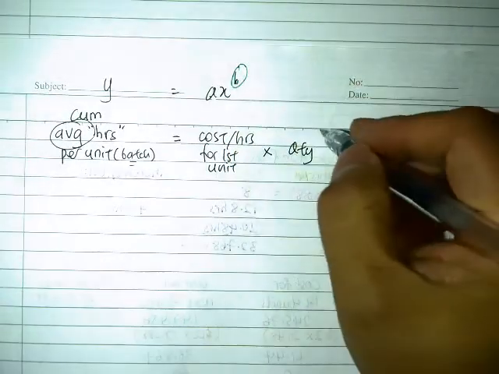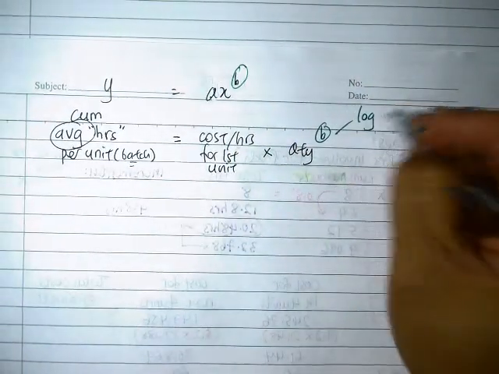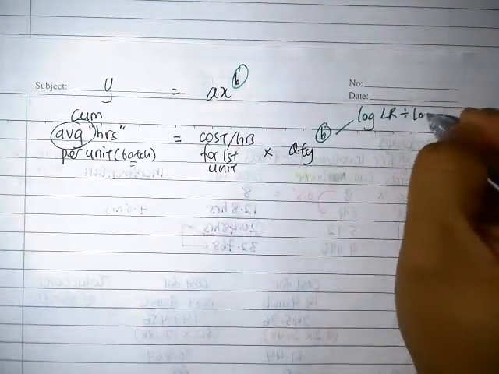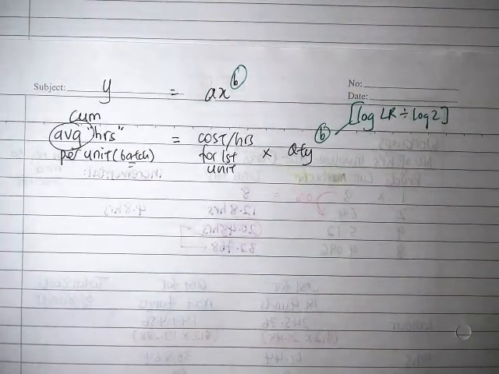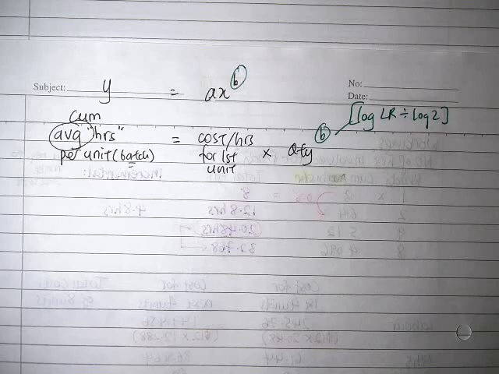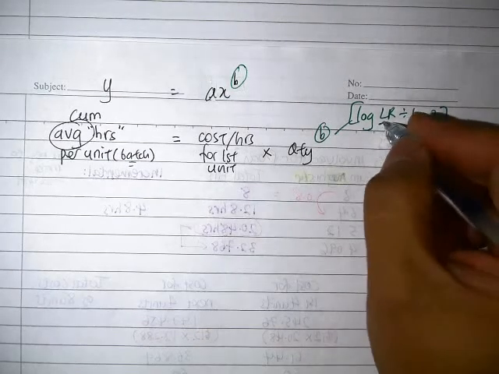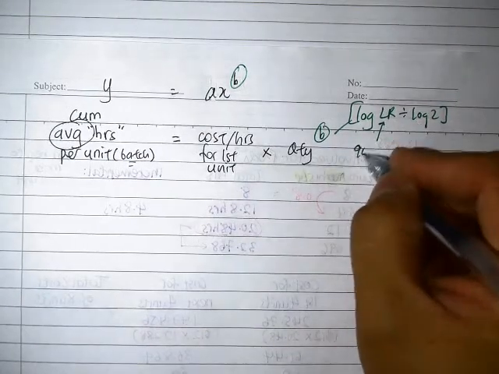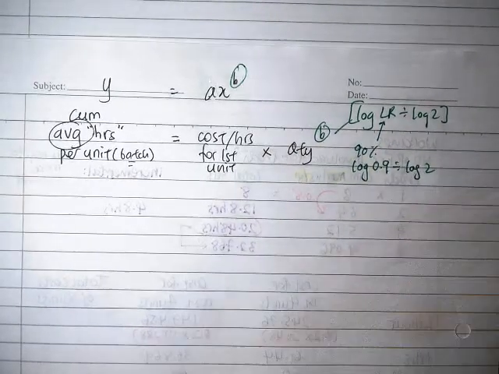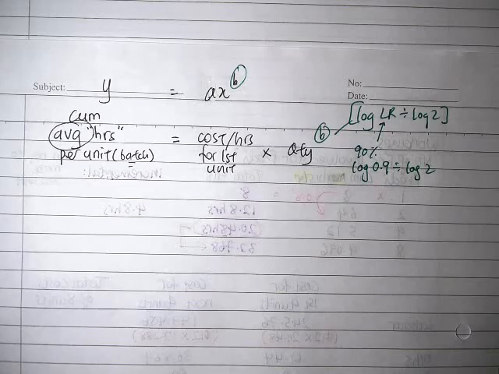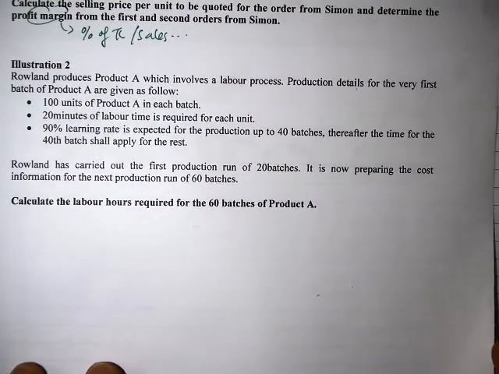Now your b will actually be your log learning rate divided by log 2. Okay, so your learning rate, if you give 90%, then you just start log 0.9 divided by log 2. Okay, now we're going to see how this is applied using the second illustration.